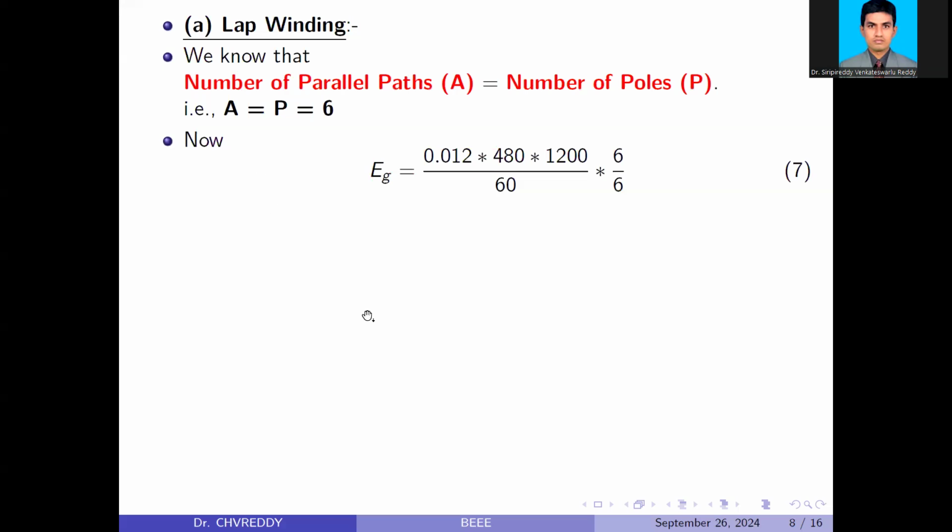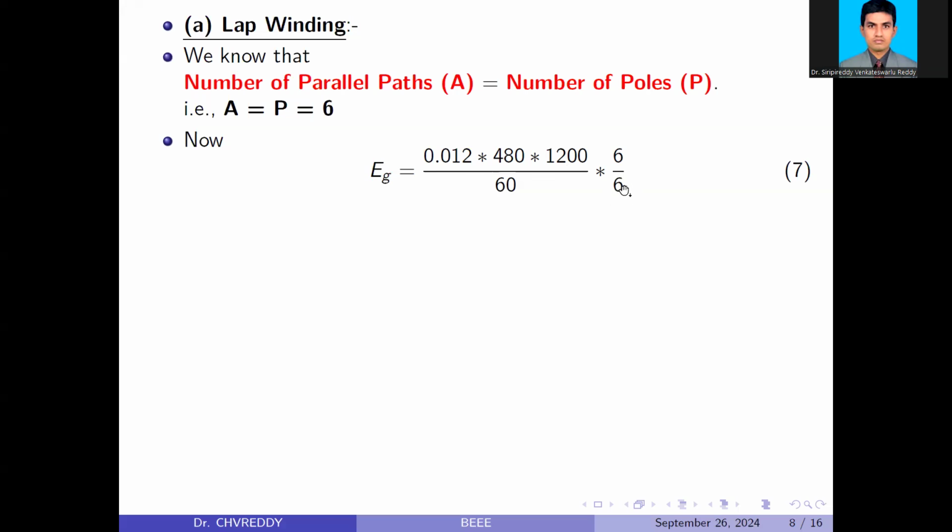Now the induced EMF is equal to phi N Z by 60 into P by A. Here phi is 0.012, N is 1200, Z is 480, divided by 60, into P which is 6, the number of poles in the given data, and A is 6. Why?